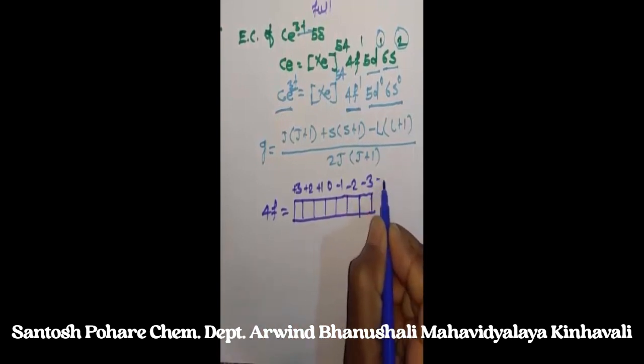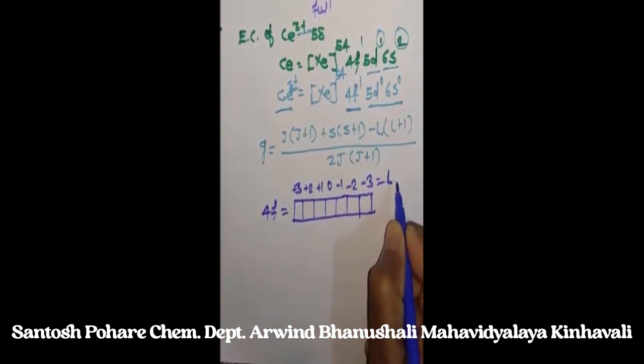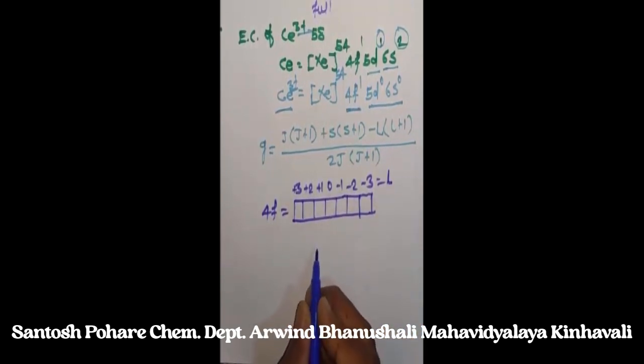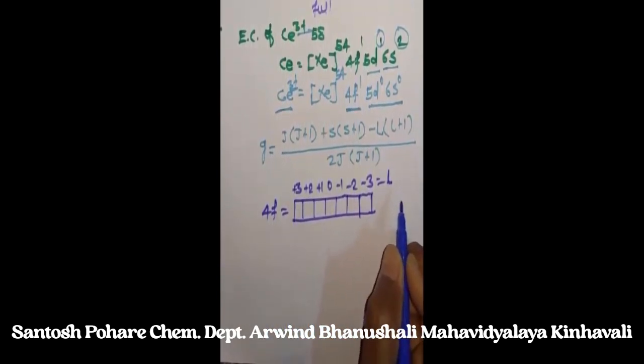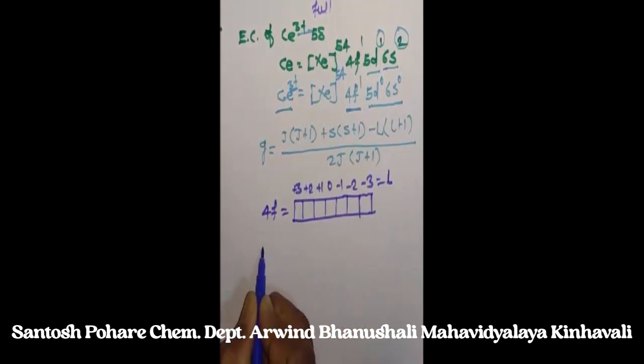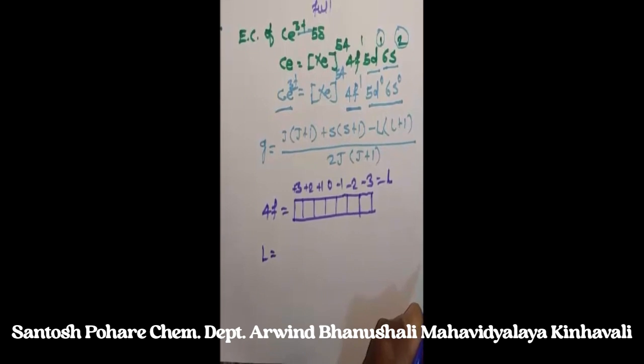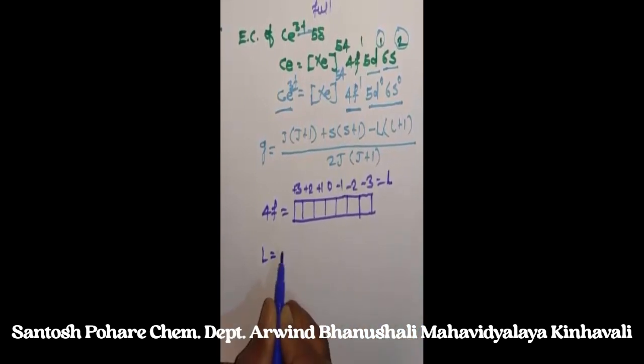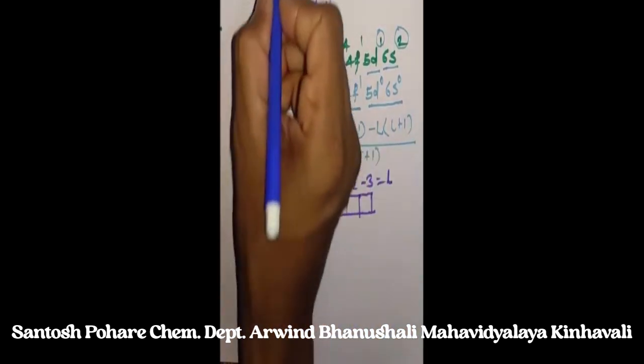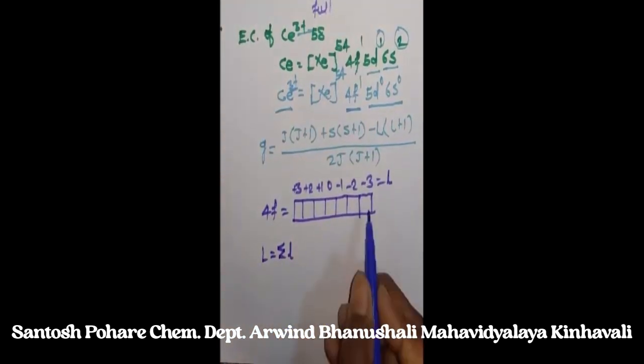What are these? These are the azimuthal quantum numbers, that is small l, right? And this capital L is the total, that is the summation of small l.